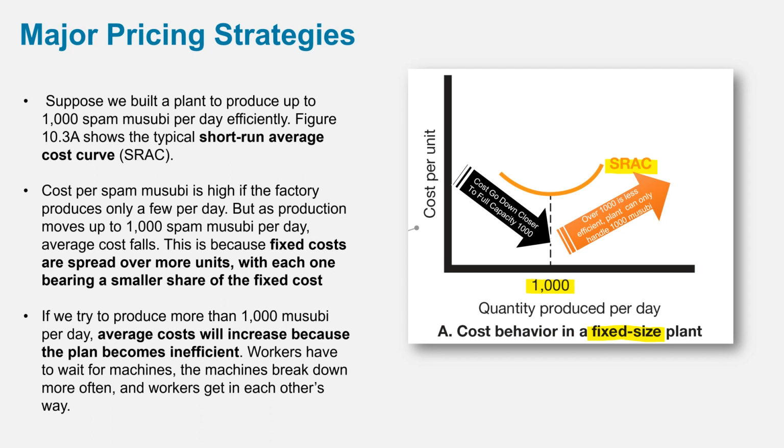So that is the short-run average cost curve. It's high, then it goes down to where you're at peak capacity, and then once you move past the peak capacity, it goes back up.